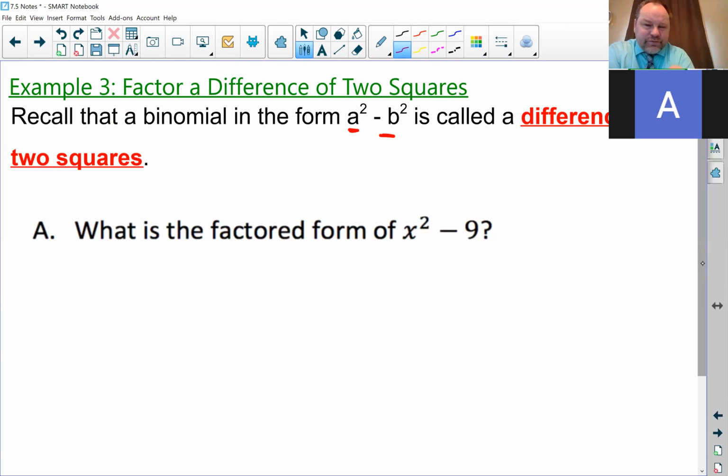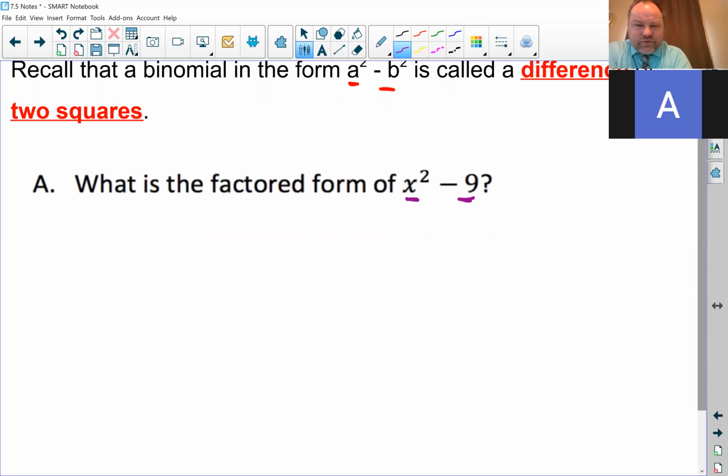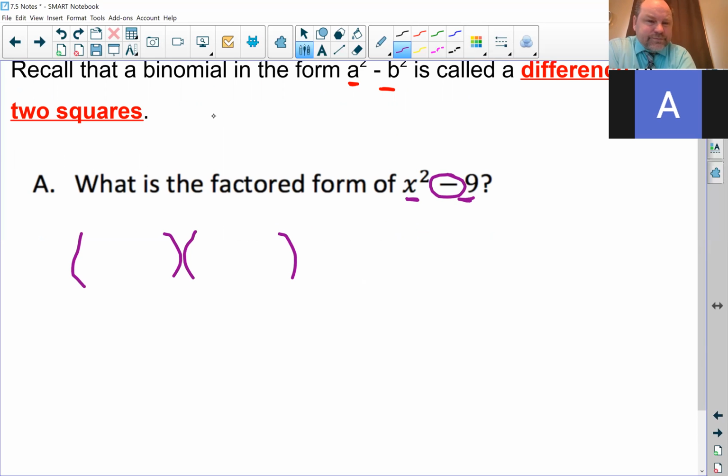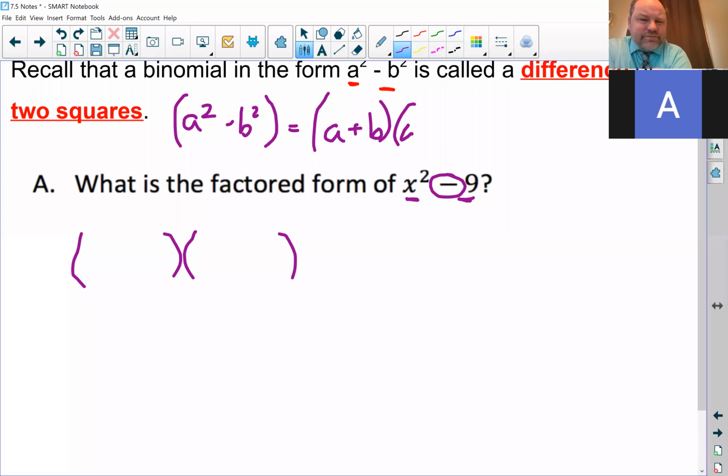So now if we're given an expression with two terms and subtraction in between, our answer is going to be the same value. So a squared minus b squared factors into a plus b, a minus b.